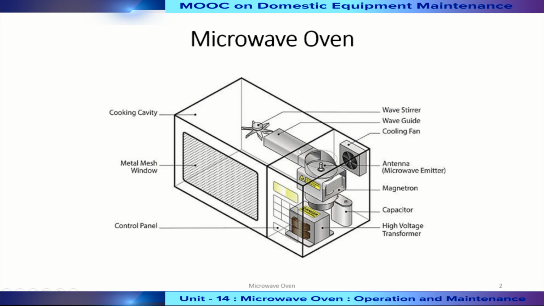The waveguide is the conduit or path which is responsible for carrying the microwave that is generated in the magnetron to the cooking cavity. The wave steerer is used to distribute the microwave all along the cooking cavity's space. The cooling fan is used for cooling down the chamber after the heating process is over.